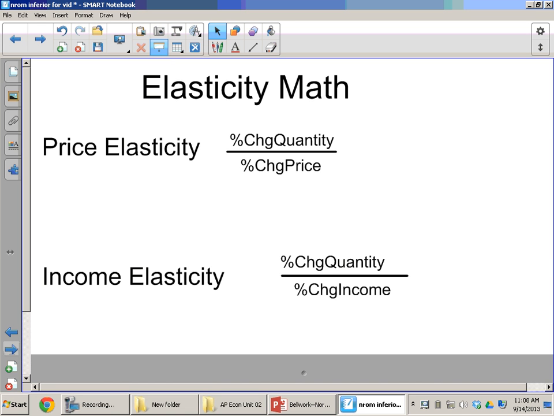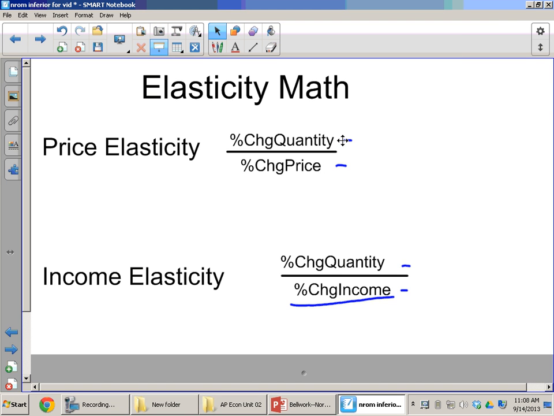Price elasticity was the percentage change in the quantity of a good divided by the percentage change in the price of a good. And income elasticity of demand is the percentage change in the quantity of a good divided by the percentage change in one's income.